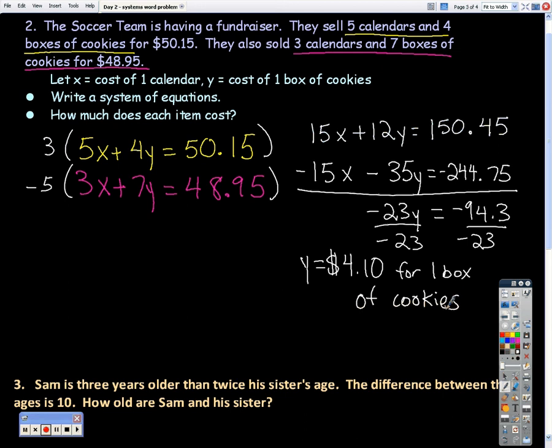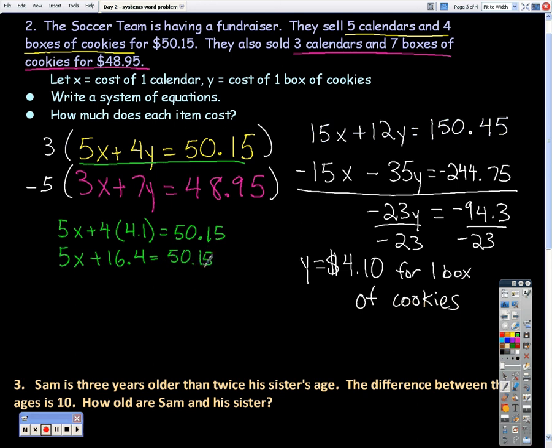Okay, so if $4.10 is the cost of 1 box of cookies, we need to find out the cost of a calendar. So it doesn't really matter which equation we use. I'm just going to use this first one. And we have 5x plus 4 times 4.1 equals 50.15. And 4 times 4.1 is 16.4. And subtract 16.4.